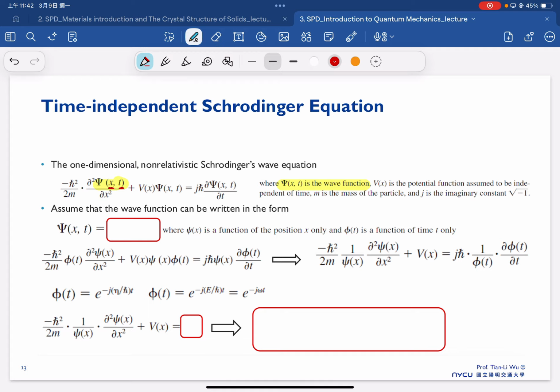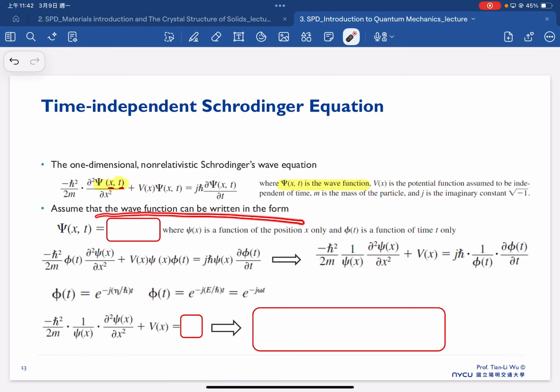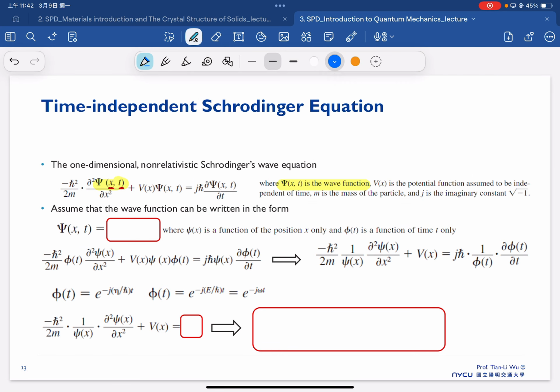So now we can assume the wave function can be written in this form: phi(x,t) is equal to this one, where phi(x) is now only the position-dependent wave function, and phi(t) is only the time-dependent wave function.